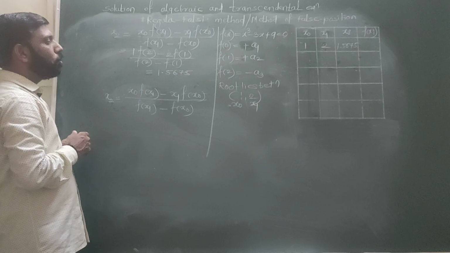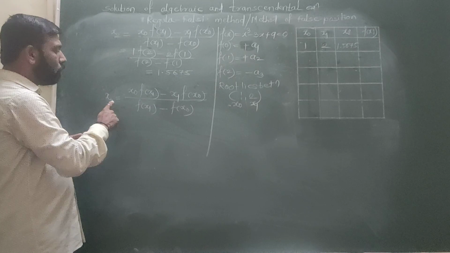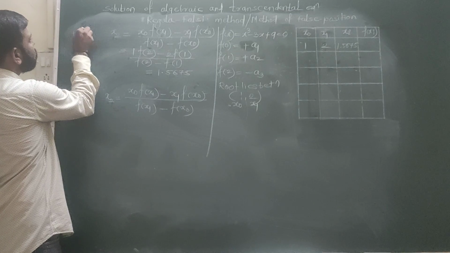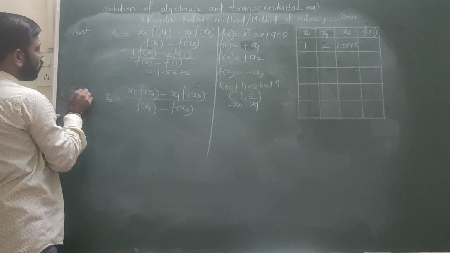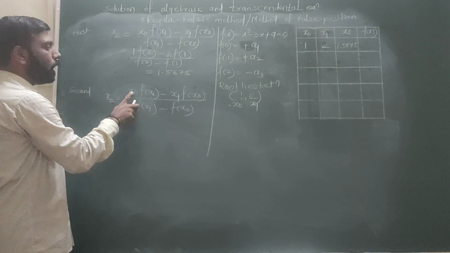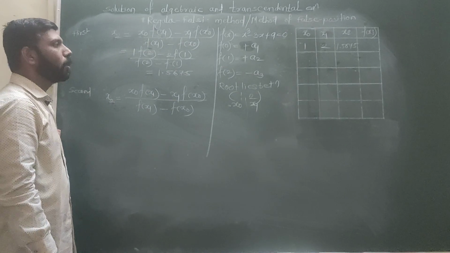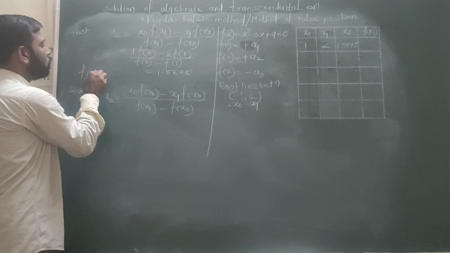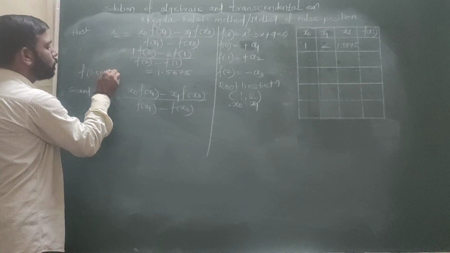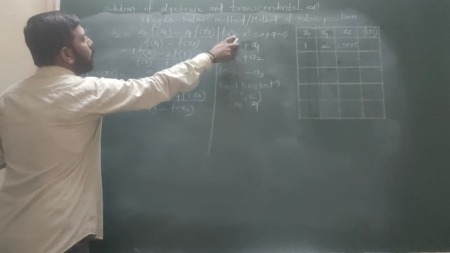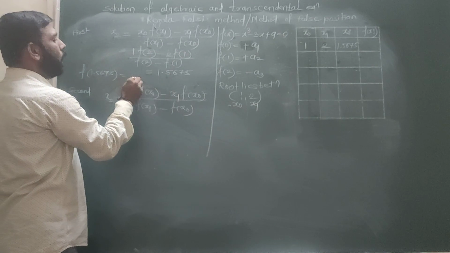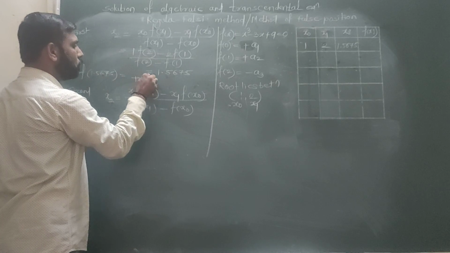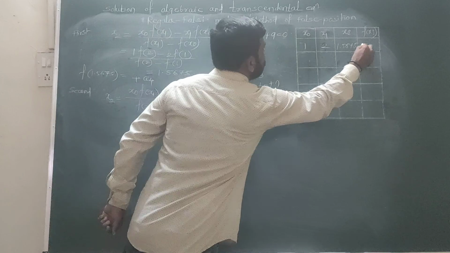Now next we have to conclude the next approximation. This is the first approximation, this is the second approximation. So for this again we require x0 and x1 values. In this case, substitute this value in the given polynomial. Suppose we got a positive value here.